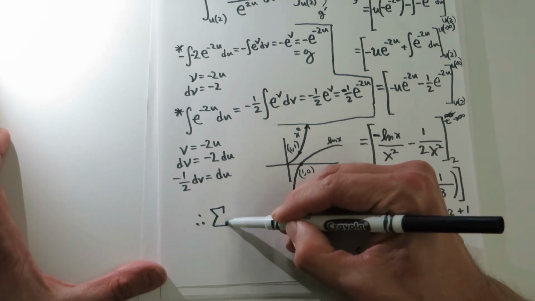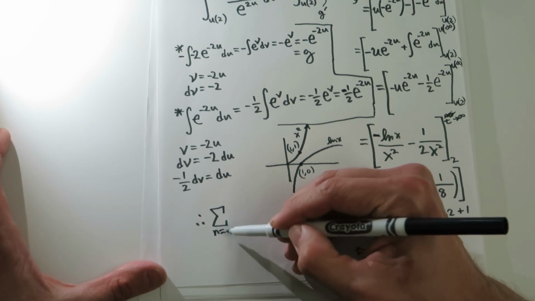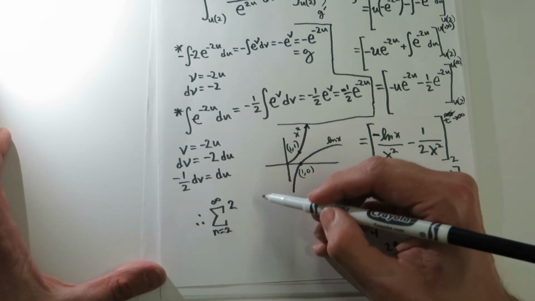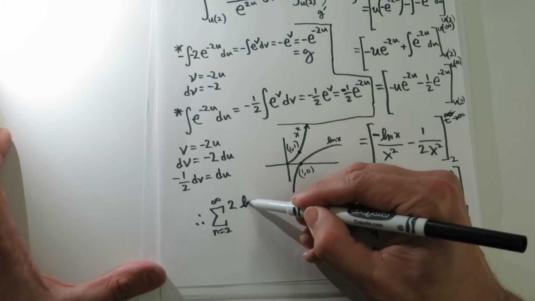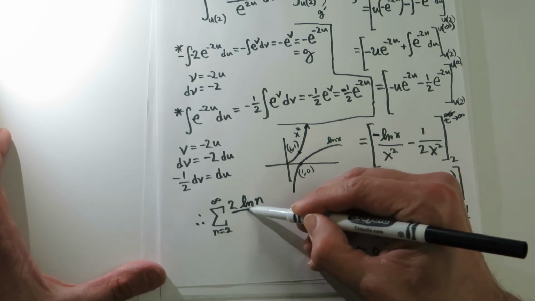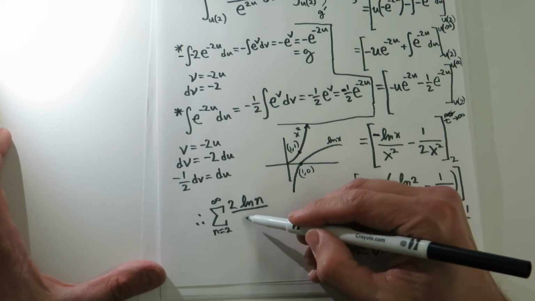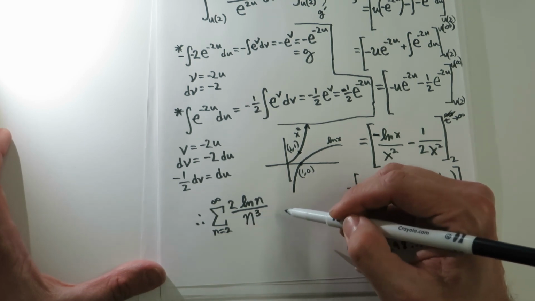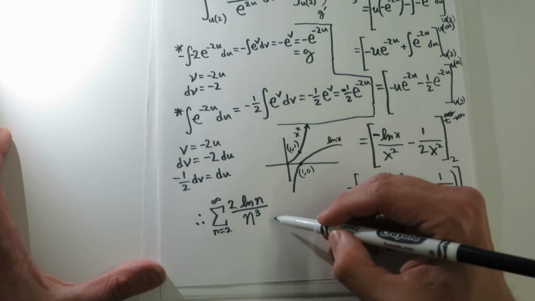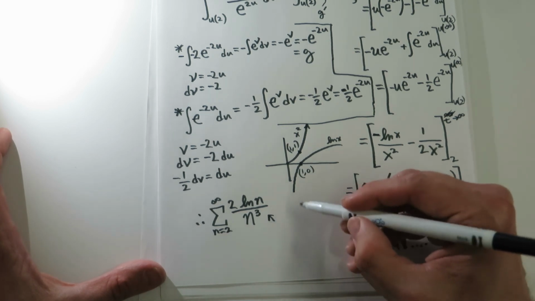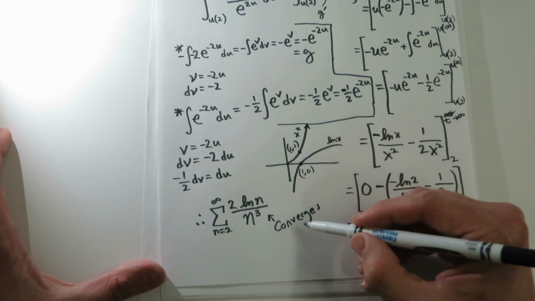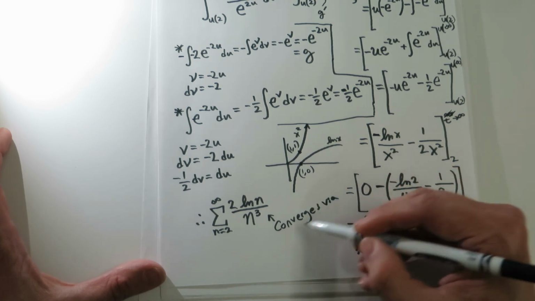Therefore, our series from n equals 2 to infinity of 2 to the ln of some integer n over n cubed converges via the integral test.